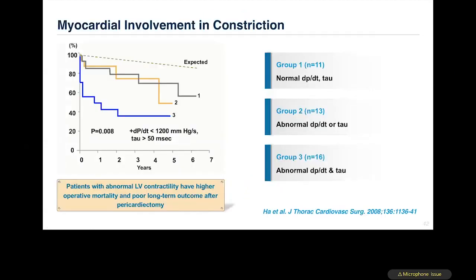Myocardial involvement can happen in patients with constriction and is important to diagnose, because if there is increasing infiltration with myocardial disease processes, even in patients with constriction, there may be differential outcome after pericardiectomy.